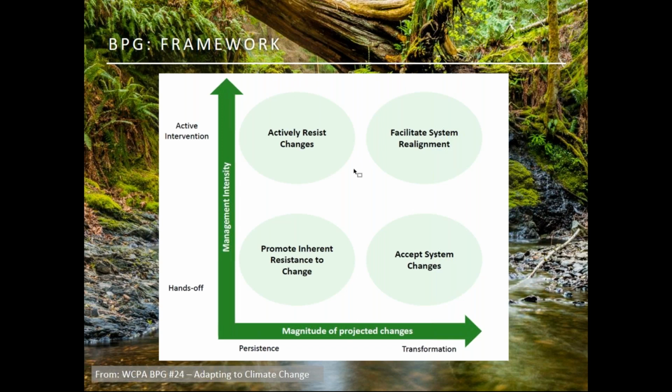So facilitate system realignment, where you have to increase several variables of resilience and some other things, or you're just going to accept system changes. But this is something fundamental that has to be related to the policy of the institution, the public policy, or your individual views of it.